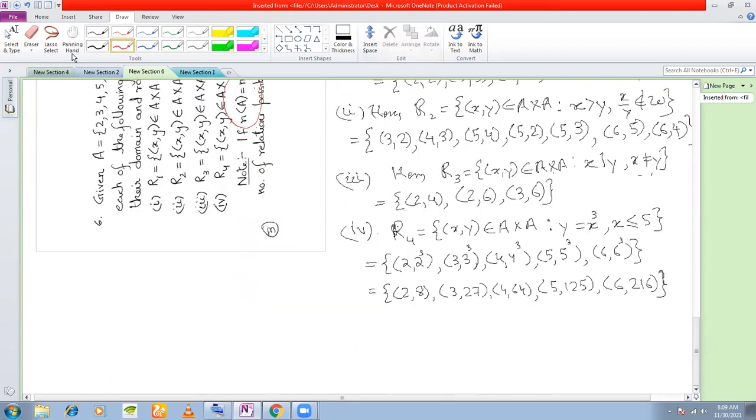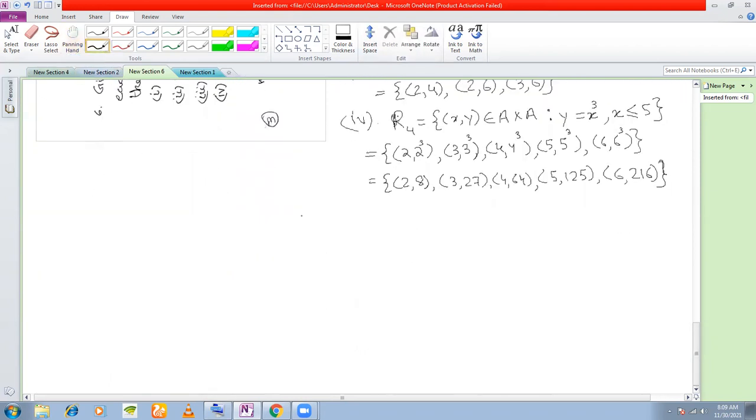So what does this mean? If I give you two sets, let's say A and B, how many relations can you define on this? See that here the cardinality of A is 2. The cardinality of B is 3.